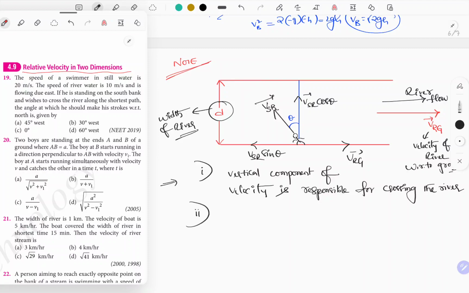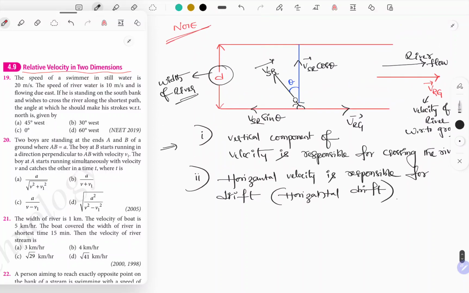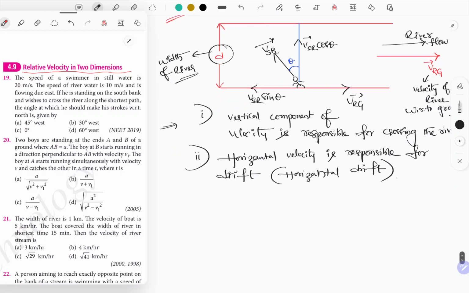The second point: the horizontal velocity is responsible for the horizontal drift. So the vertical velocity is responsible for crossing the river, and the horizontal velocity is responsible for drift. Remember this point. Based on these points only, I am about to solve the numericals.